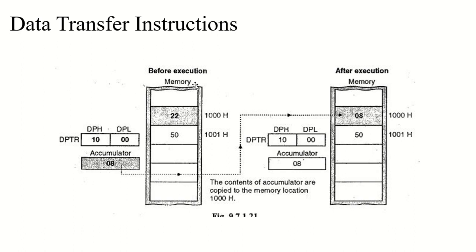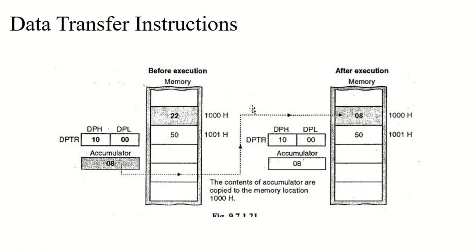So DPH and DPL, see what does it hold? DPH holds 10, DPL holds 00, and before execution at 1000, what is the data it holds? It holds 22, and before execution the accumulator holds 08. Now the content of the accumulator is copied to memory location 1000. Why 1000? Because DPH is 10, DPL is 00, so the address would be 1000.